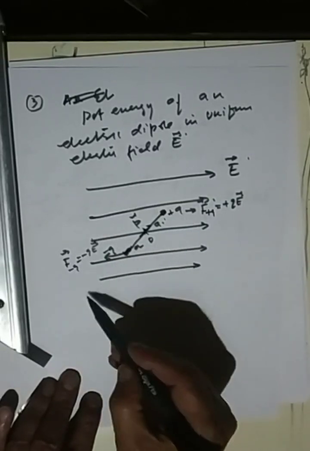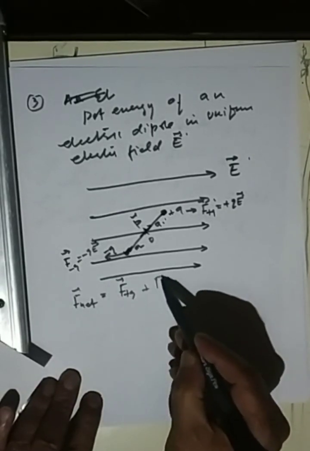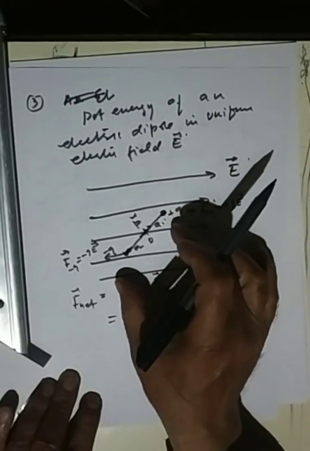So the net force acting on this dipole will be F net, F plus Q plus F minus Q, that is equal to QE minus QE, that is equal to 0, or the zero vector. So there will be no net force.